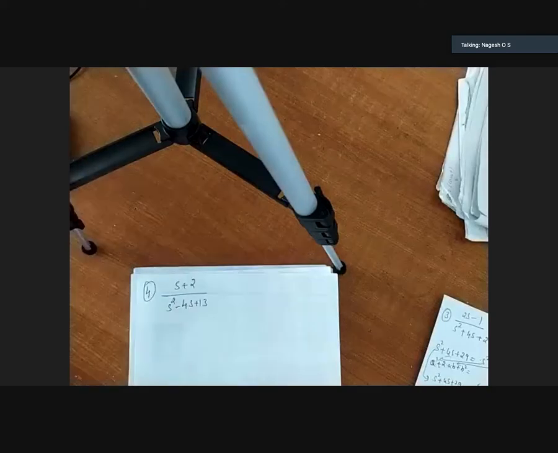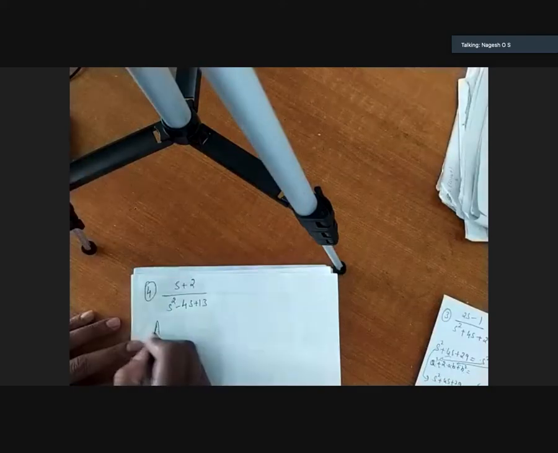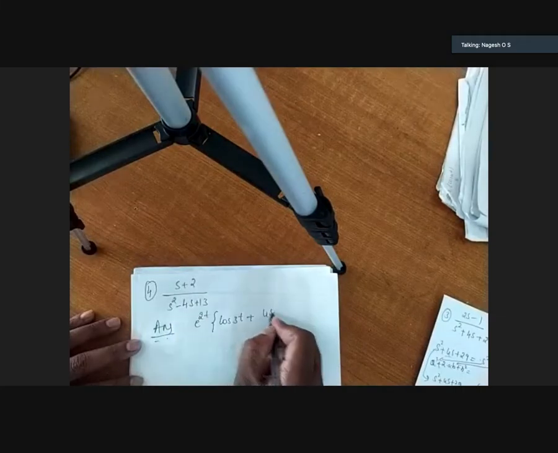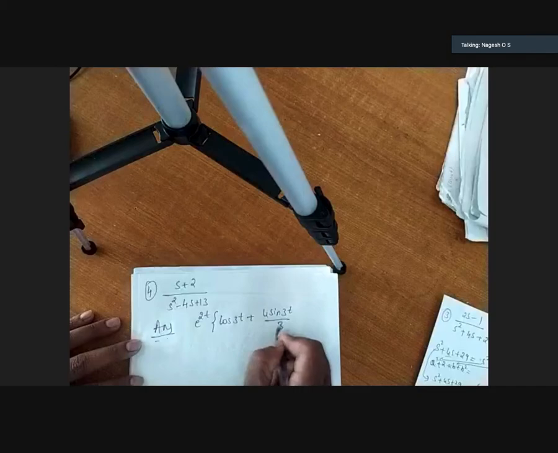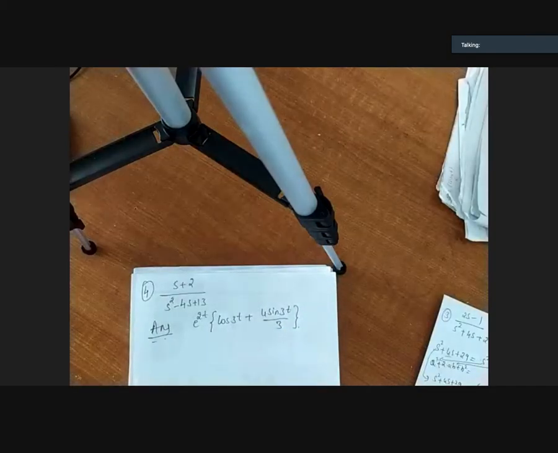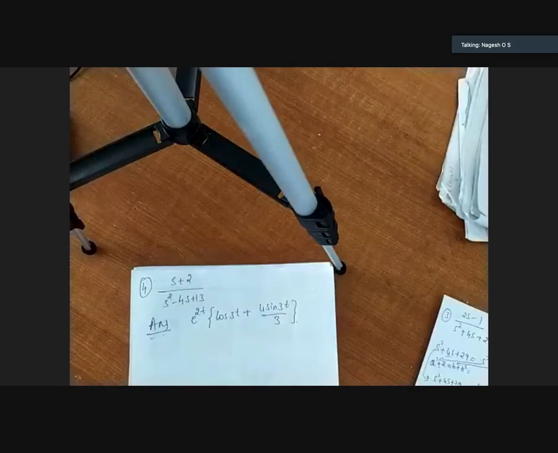I will write the answer. The answer is e power 2t into (cos 3t plus 4 sin 3t) divided by 3. This is the answer. Try this.